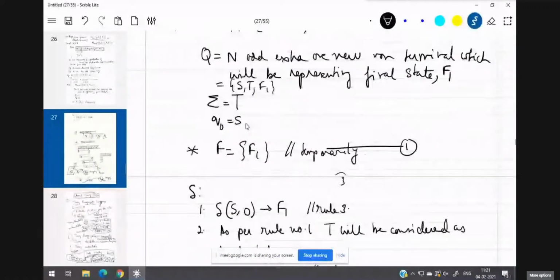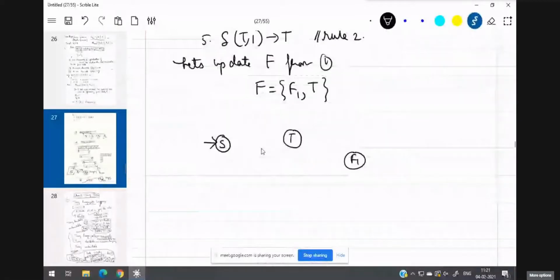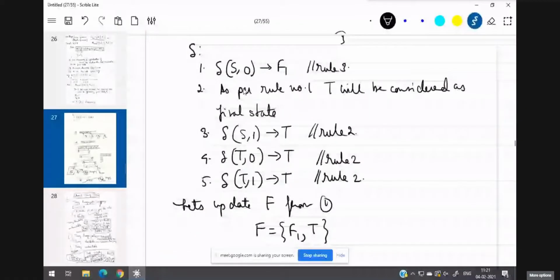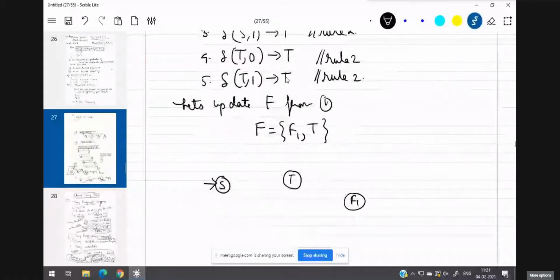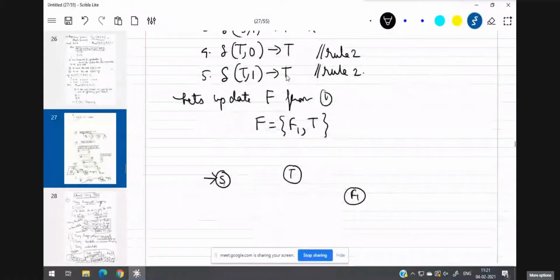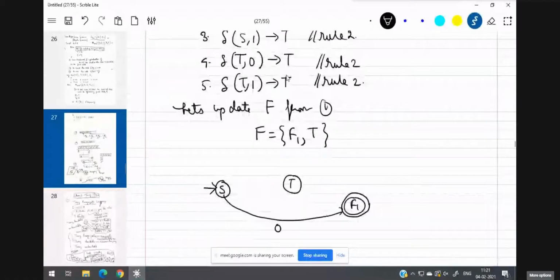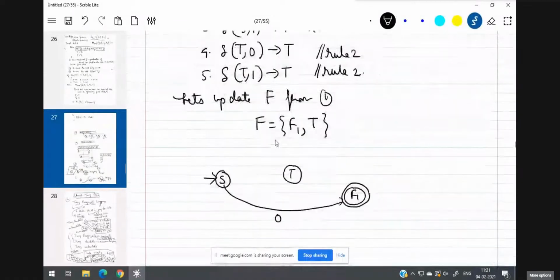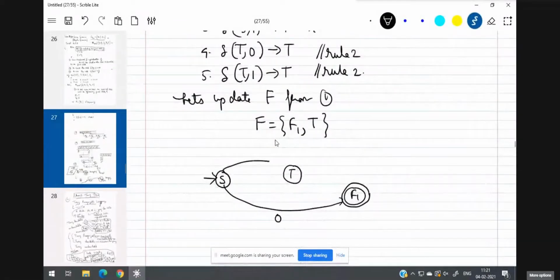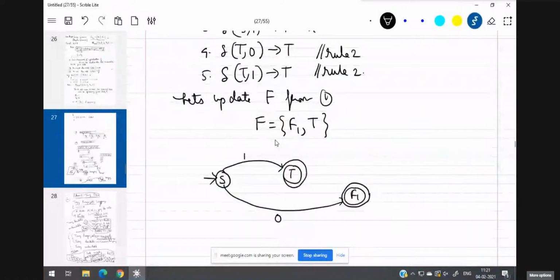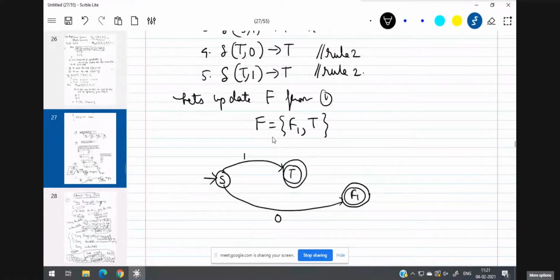Now, what about the transitions? S comma 0 gives F1. S with input 0 goes to F1, and F1 is a final state, remember? So this is 0. And then S comma 1 gives T. Again, remember T is a final state; we have to treat T as a final state.